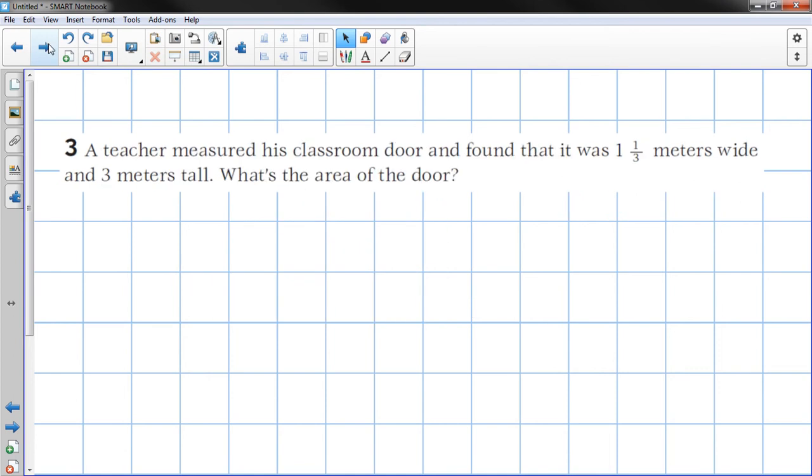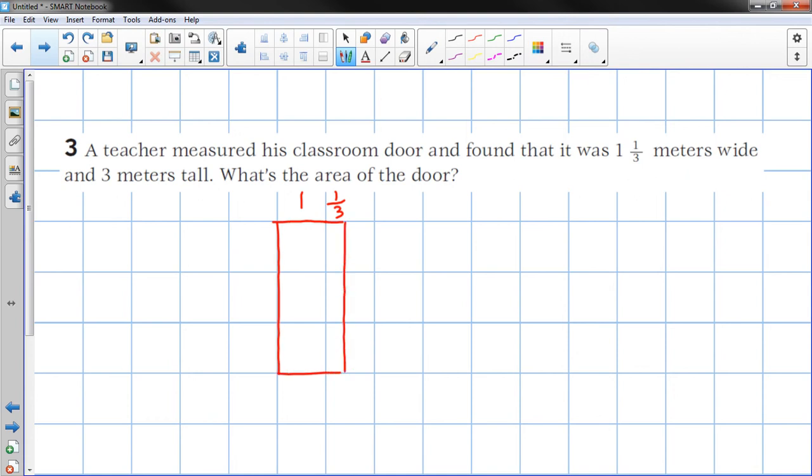Number 3. A teacher measured his classroom door and found that it was 1 1/3 meters wide and 3 meters tall. What's the area of the door? All right, so it's 1 1/3, maybe about right there. 1 1/3 wide, 3 meters tall.